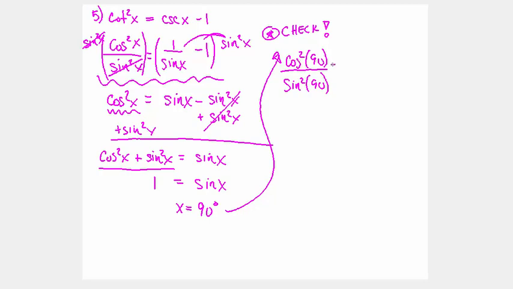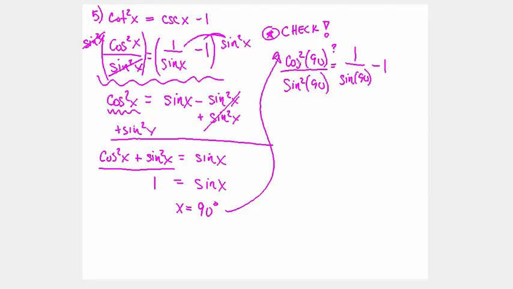So I'm plugging 90 into the left side of the equation, and then on the right side I'll have 1 over the sine of 90 minus 1. Now, I really don't know if this is true yet. This is what we're investigating. It should be if this is our solution. Otherwise, if it doesn't work, we might have an extraneous solution here.